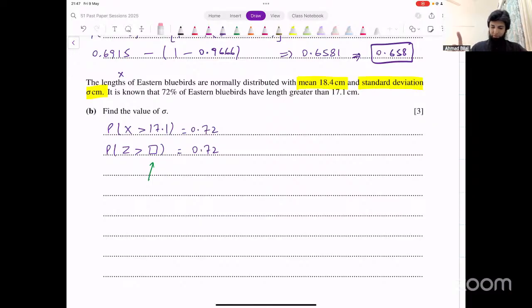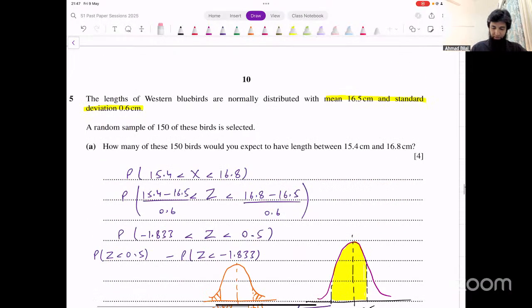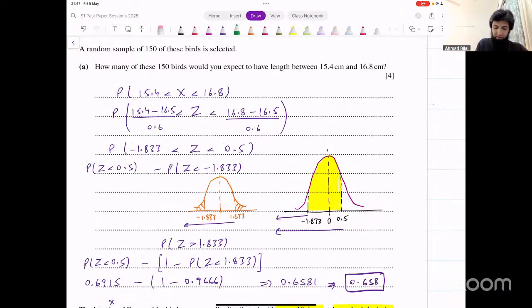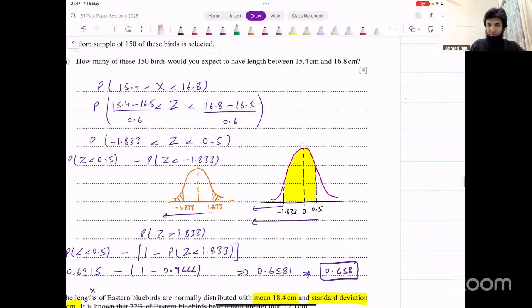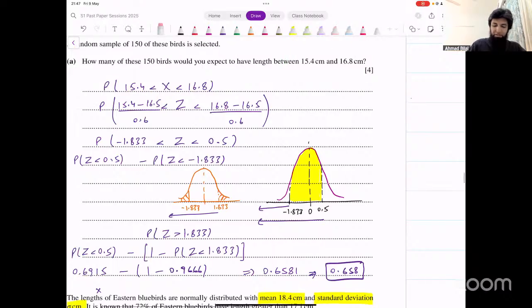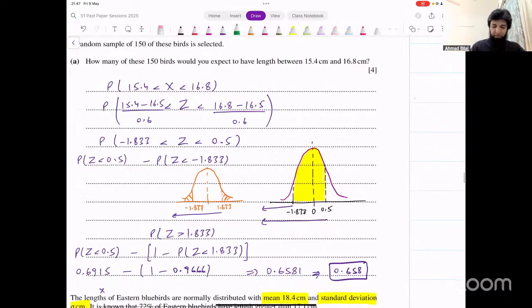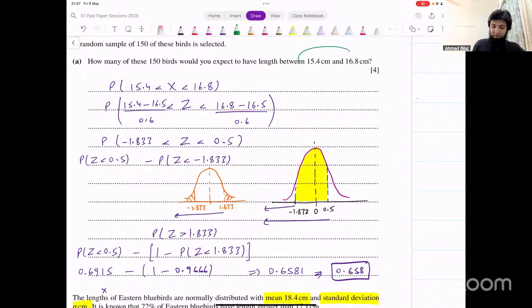Okay. Sorry about that. So yes, I had to reread that question. The question said, how many of these 150 birds would you expect to have length between this? We found the probability of one bird having a length between these two values, right? We found that probability. But what's the expected number of birds that you would expect to have a length between this?